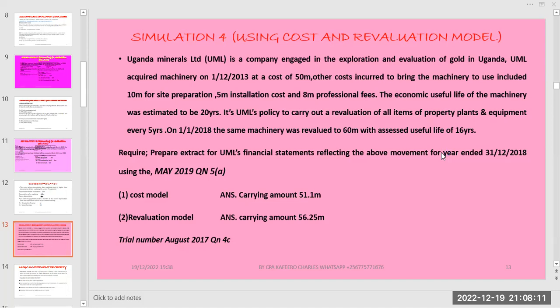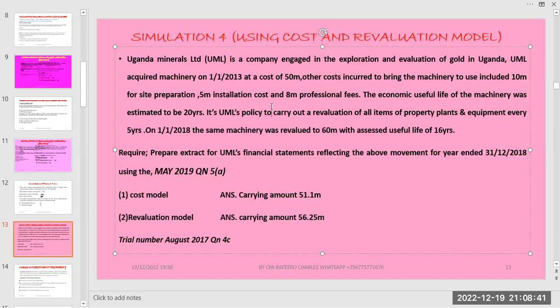UML acquired machinery on 1st January 2013, not December, at a cost of 50 million.